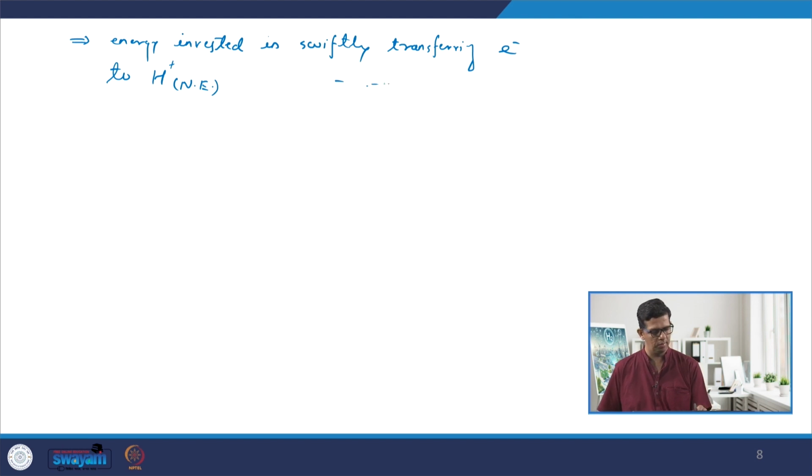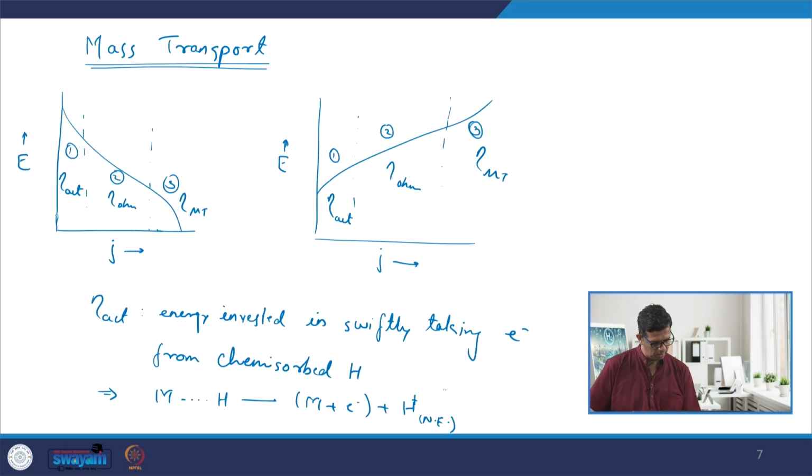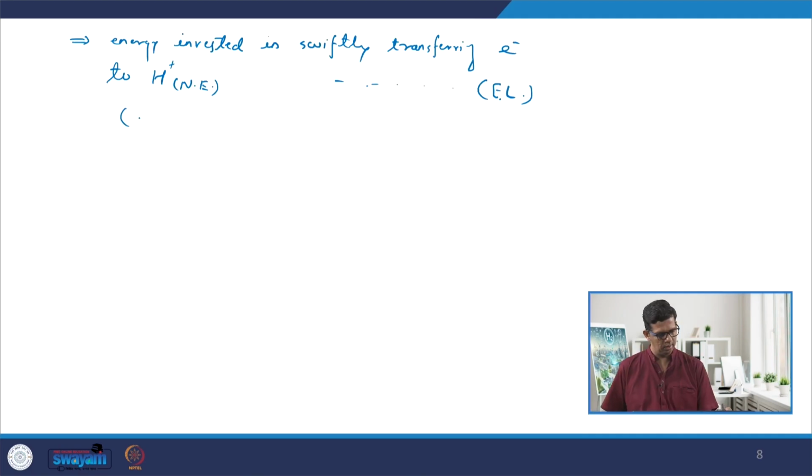This is in the case of the electrolyzer. Let me write this one for the fuel cell. So it's a reverse reaction that we can think about in the case of electrolyzers. Near the electrode, which ultimately converts into chemisorbed hydrogen.